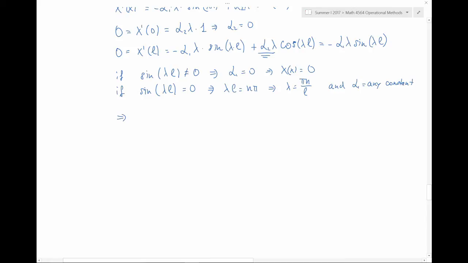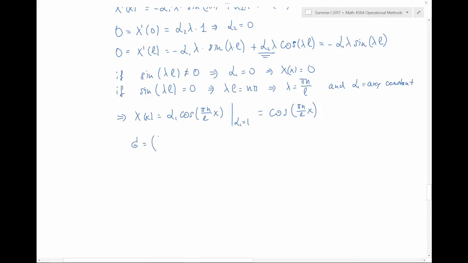This leads to X(x) being alpha 1 cosine of pi n over L x. Again, we can make alpha 1 to be 1, and therefore it's just cosine of pi n over L x.